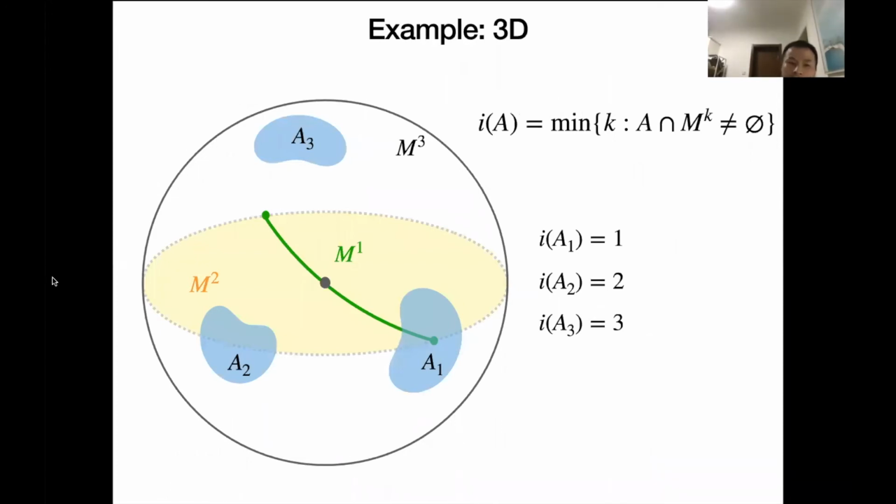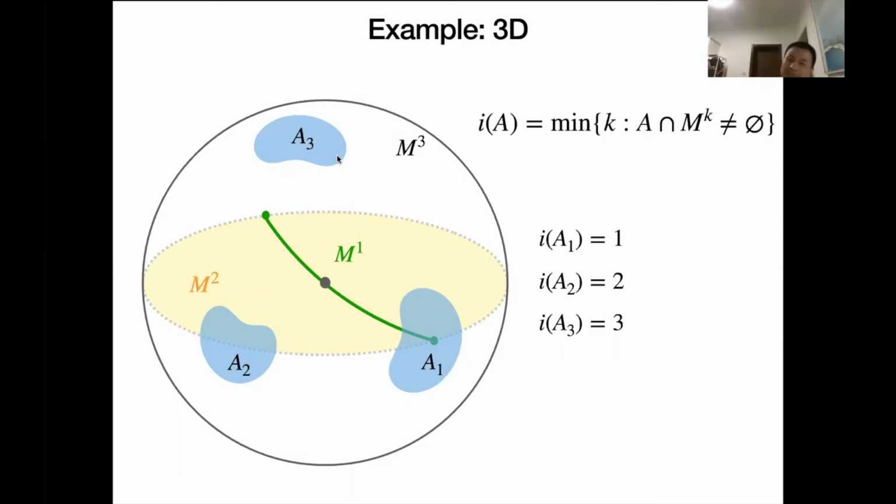Suppose M1 is a one-dimensional manifold given by this green curve, and M2 is a disk-like surface, and M3 is the whole ball. And here we have three sets, A1, A2, A3. They are sitting on the boundary of the ball.